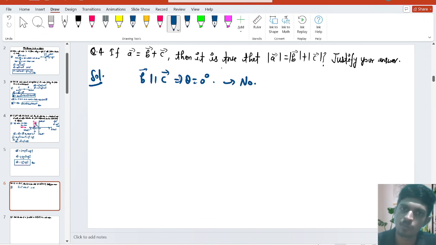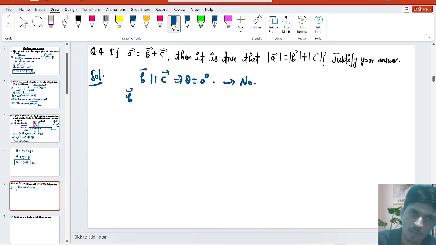If it were always true, then by what we know about the angle between vector B and vector C, how do we find vector B plus C?